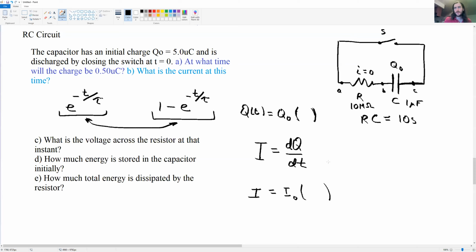So is the current going up or is the current going down for a discharging capacitor? Down, good. Always going to be going down because we're running out of charge on the capacitor.